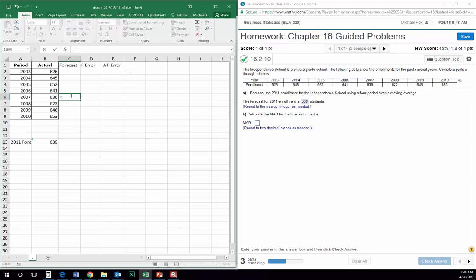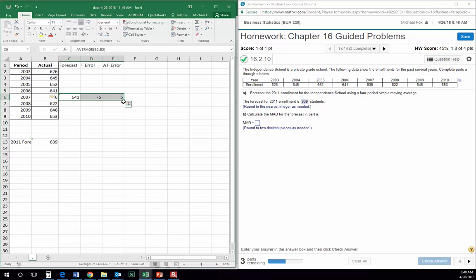That forecast equals the average of the 4 preceding periods. Our forecasting error is our actual minus our forecast. And our absolute forecasting error equals the absolute value of the forecasting error. Use ABS, the function in Excel for absolute value.